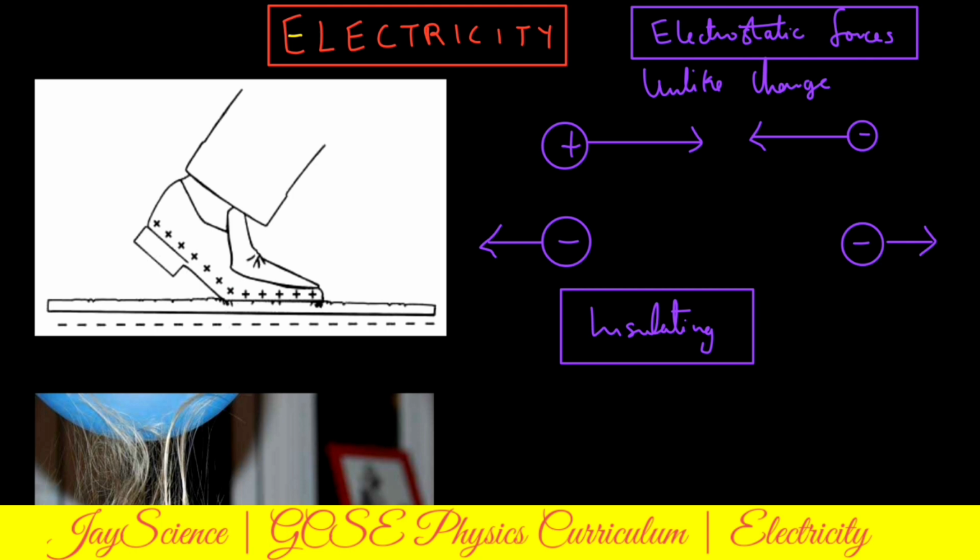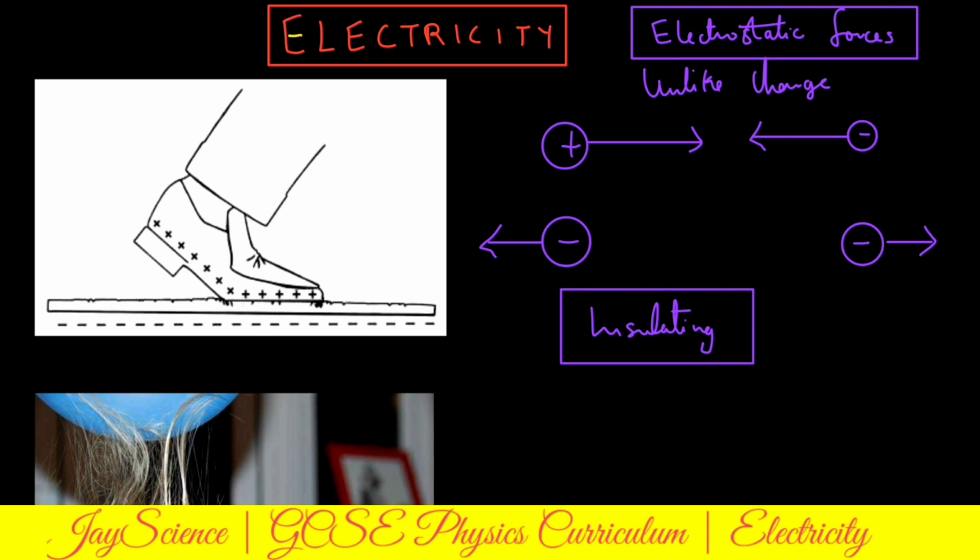Once they touch each other, that's what we term charging by friction. Once they touch each other, there will be a buildup of charge. What you feel at that point is a small spark or an electric shock. This is what you feel when maybe you touch an appliance and you have a slight electric shock.